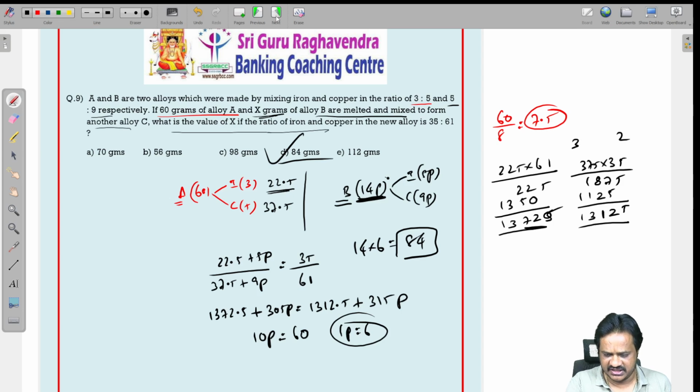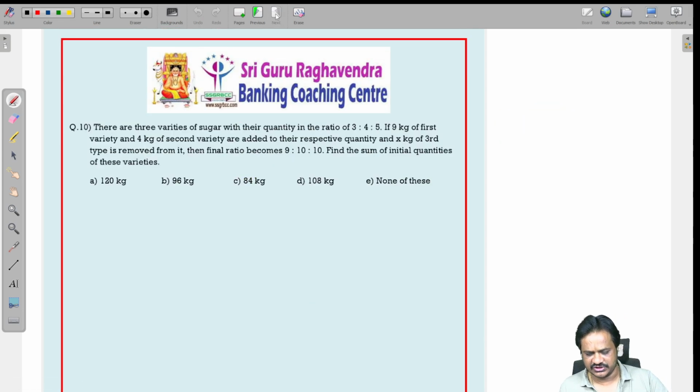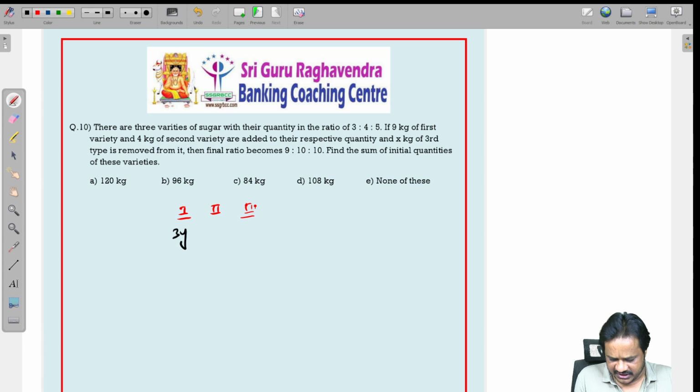Let us see the next question, 10th question. There are 3 varieties of sugar with their quantity in the ratio of 3:4:5. So here I am taking 3y, this one 4y, this one 5y.